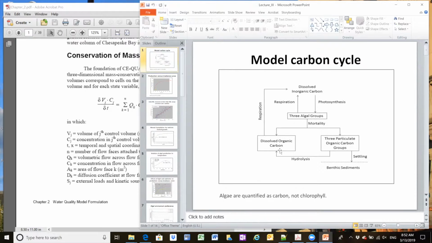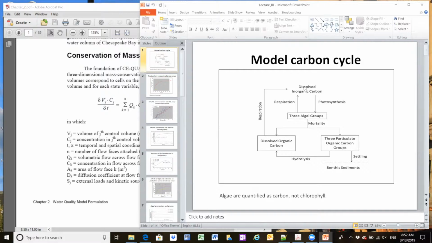Respiration takes dissolved organic carbon and converts it to inorganic carbon. That's oxygen consumption. It's very important. We do not, in this particular model, worry about dissolved inorganic carbon. So effectively, the dissolved organic carbon, when it decays, just disappears from our system.